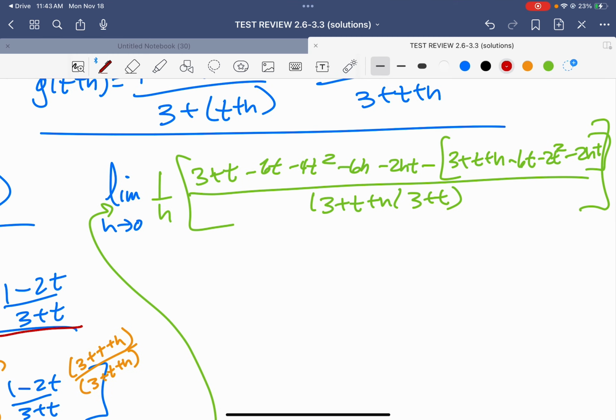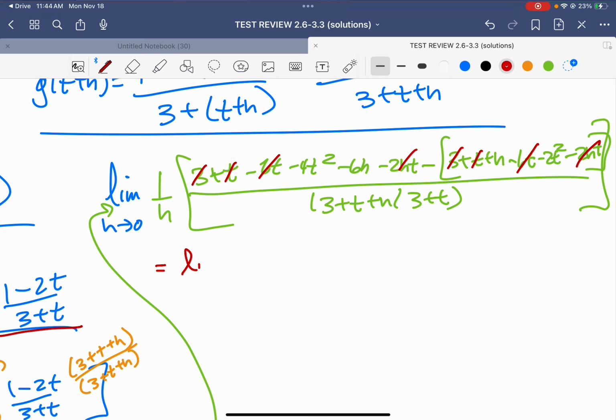So does stuff cancel out nicely? Well, I think we see that this 3 and this 3 cancel out. The t and the t cancel out. The 6t and the negative 6t cancel out. Negative 2ht and negative 2ht cancel out.